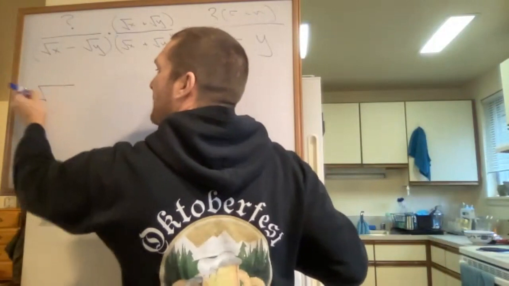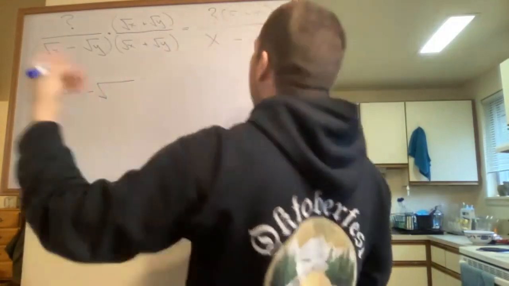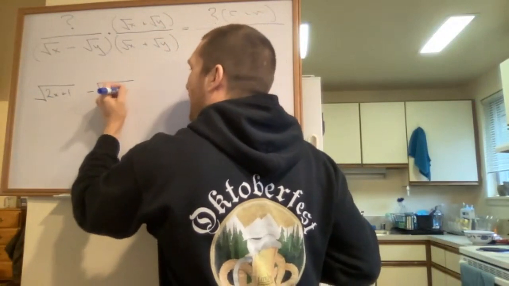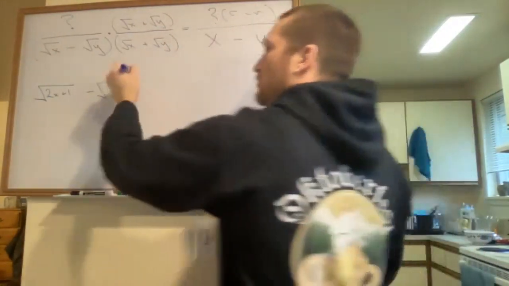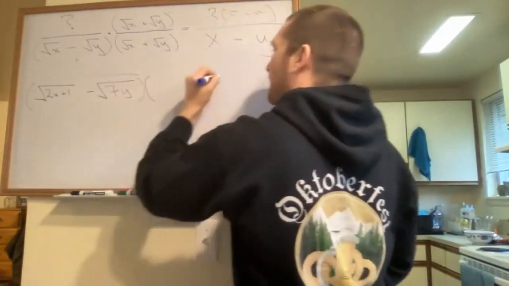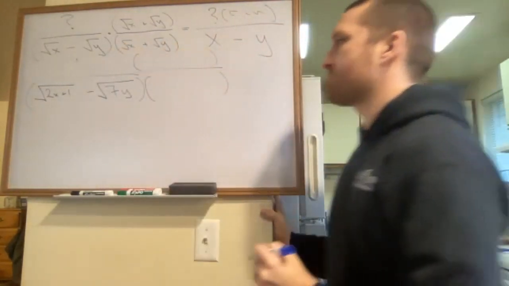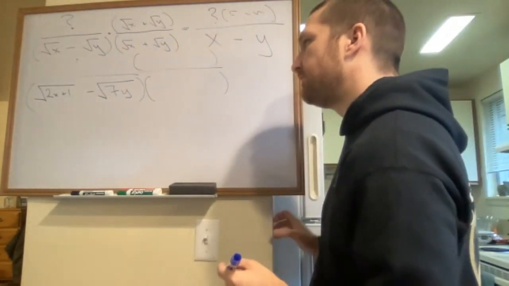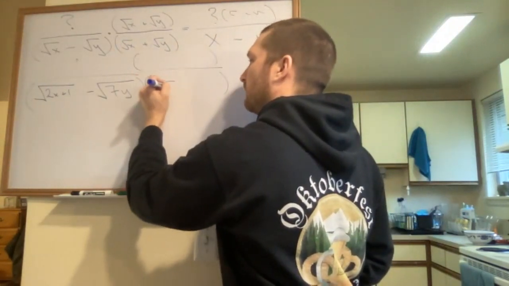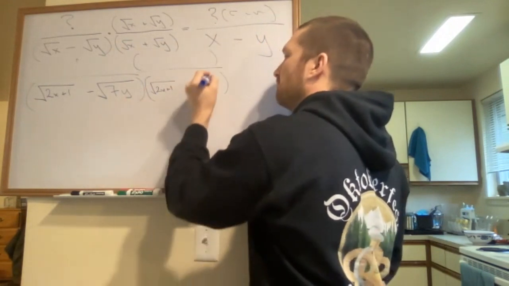If x had been, say, 2x plus 1, and y happened to be, how about 7y, and we wanted to rationalize this denominator, we would multiply by what on the top and the bottom? 2x plus 1 plus, well, square root of 7y.